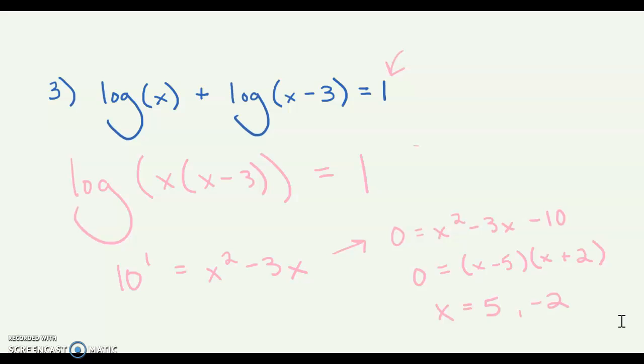No, it doesn't. Remember, way back in that lesson when we were talking about graphing logarithmic functions, we said that the base of our log has to be greater than 0, and it cannot be equal to 1.